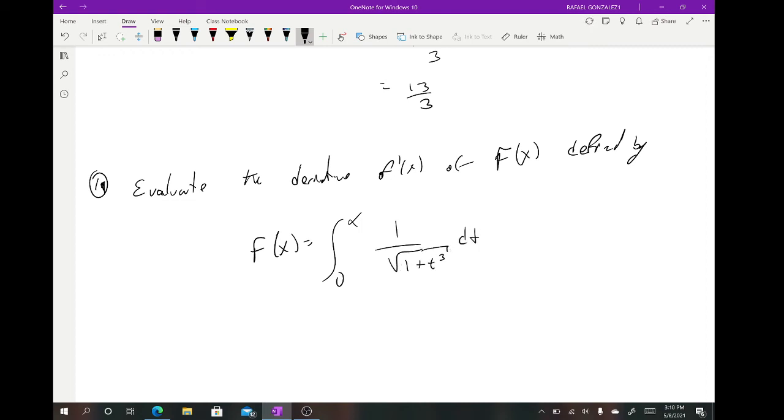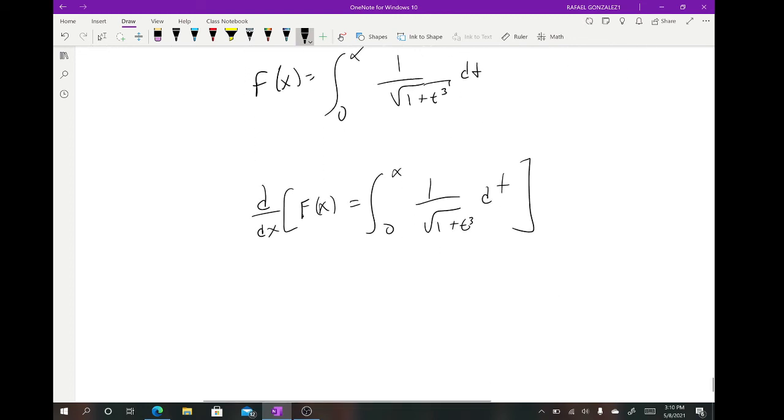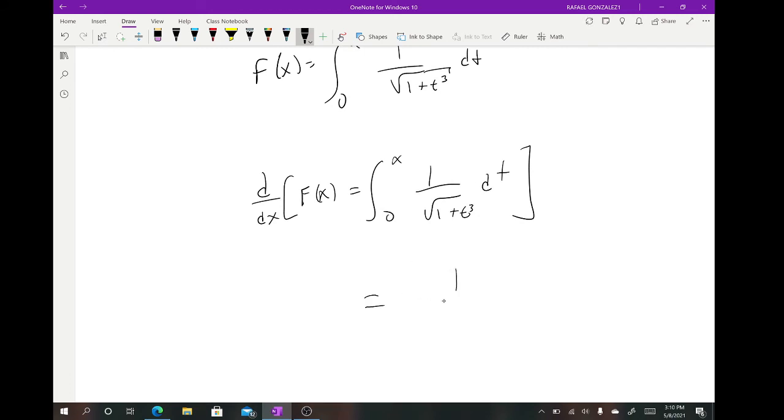dt. Now, I told you that when we had to take the derivative of something like this, by the second fundamental theorem of calculus, what will happen is the following. If you do d dx of f of x equals the integral from 0 to x of 1 over radical 1 plus t cubed dt, by the second fundamental theorem of calculus, this is just going to be equal to 1 over radical 1 plus x cubed.